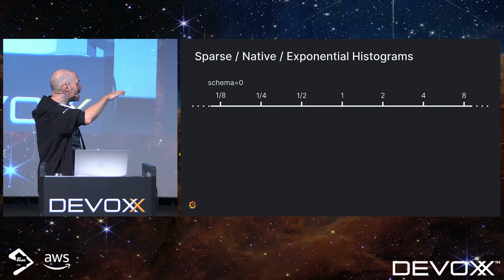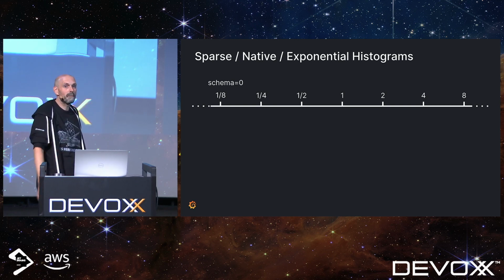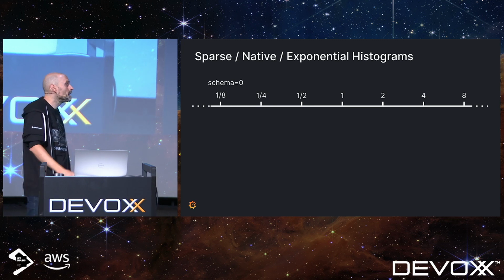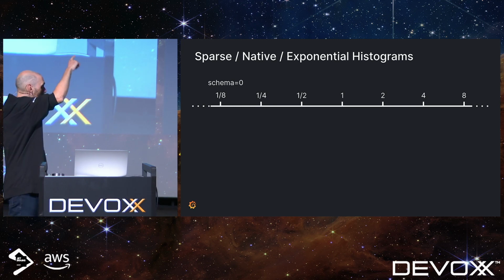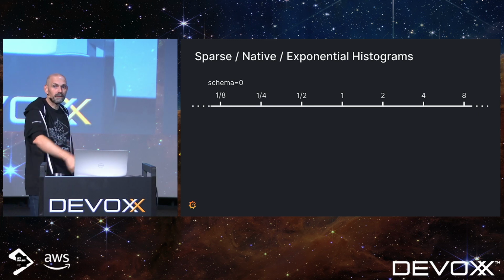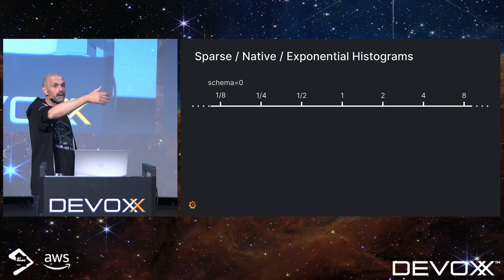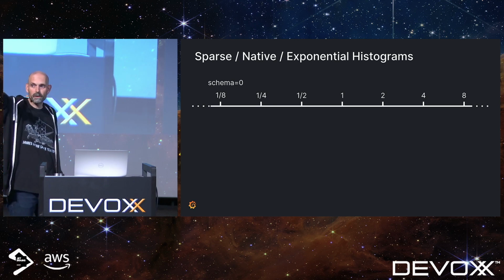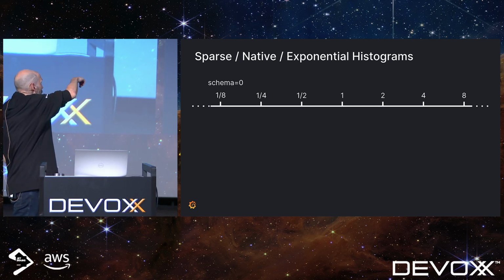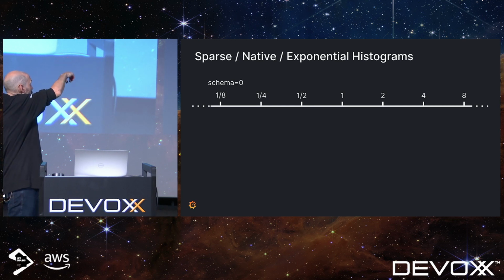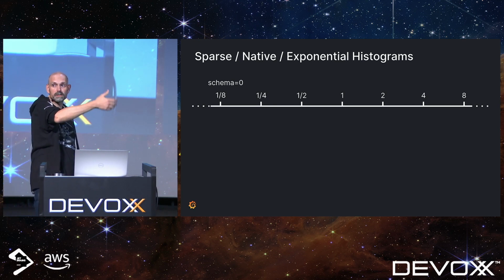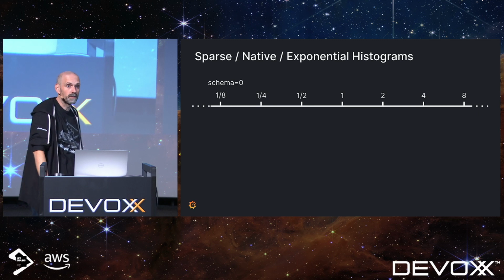The idea is you have a histogram with infinitely many buckets. What you see here is an example where each bucket boundary is double the previous one. So you have a bucket at 1, at 2, at 4, at 8. With each new bucket boundary, it doubles. Also for the smaller numbers, 1/2, 1/4, 1/8. With each bucket boundary doubling the previous one.